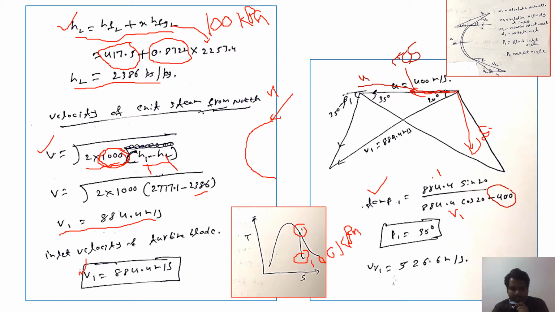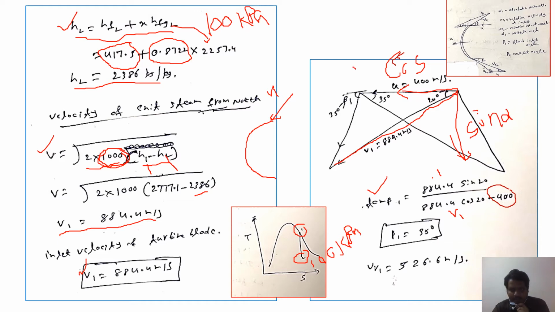Again I am repeating. This V1 line, we have to do like this. So this side is V1 cos alpha, this side is V1 sin alpha.